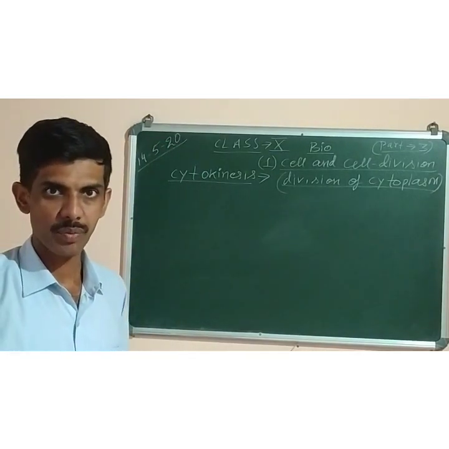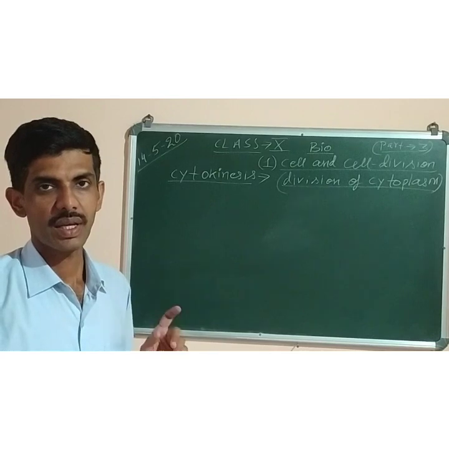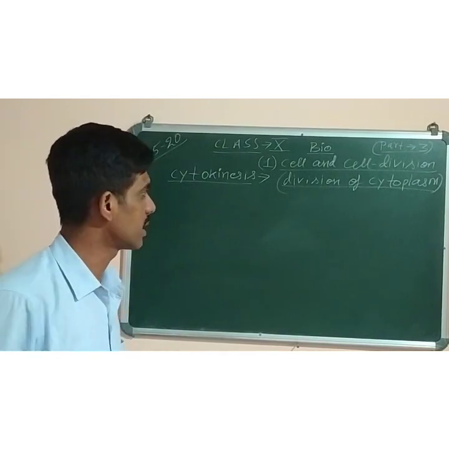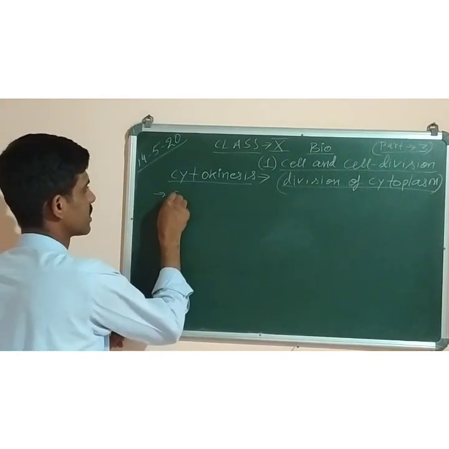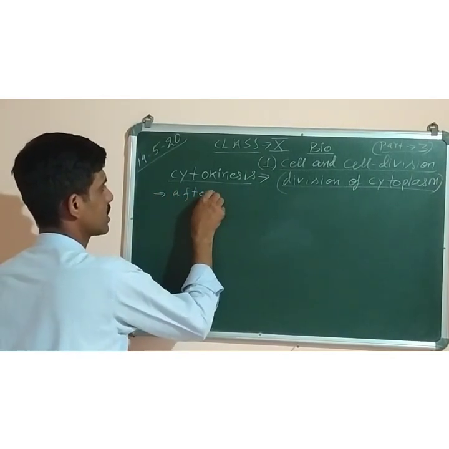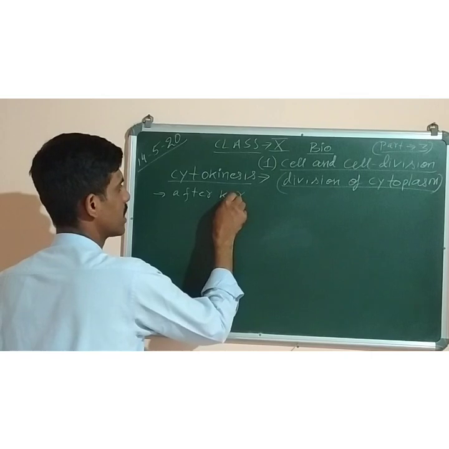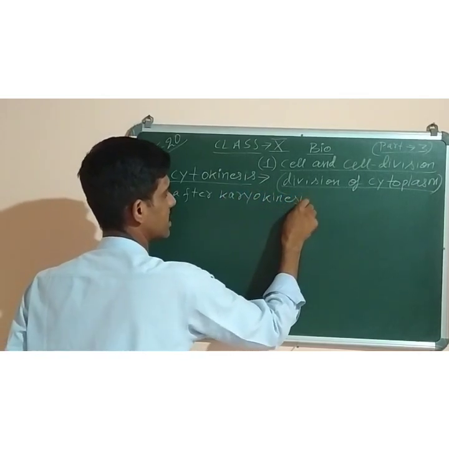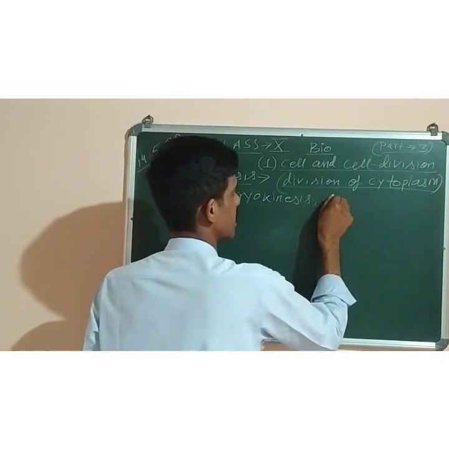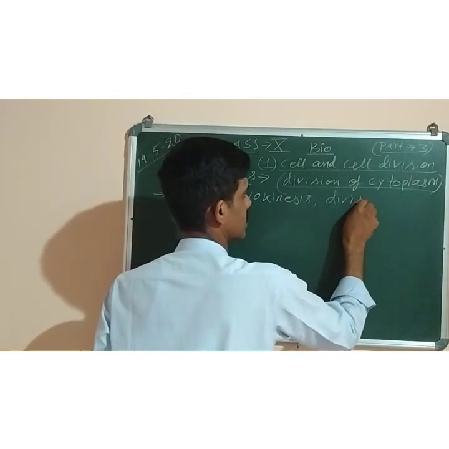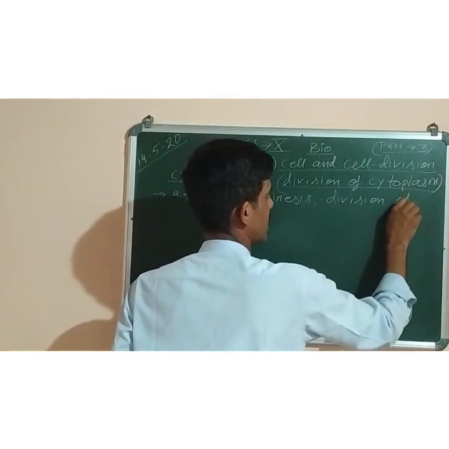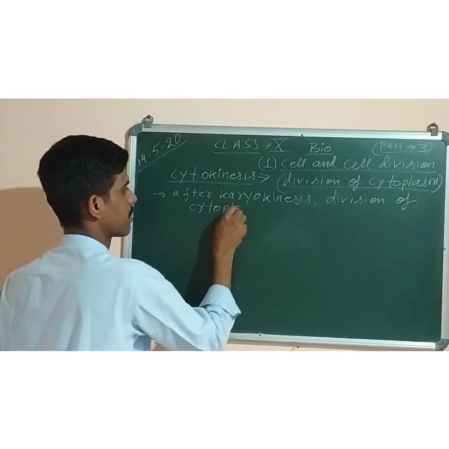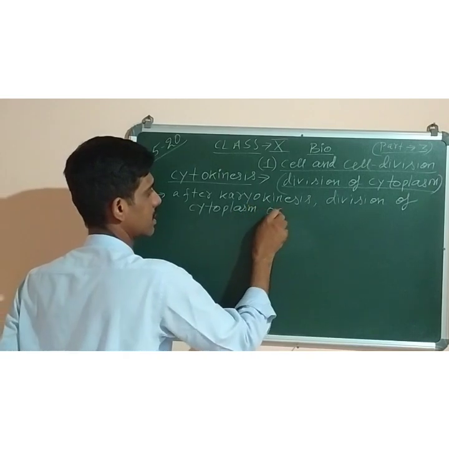Now what are the important points about cytokinesis? It results in the formation of 2 daughter cells and it occurs after karyokinesis. So after karyokinesis, that is nuclear division, division of cytoplasm occurs.